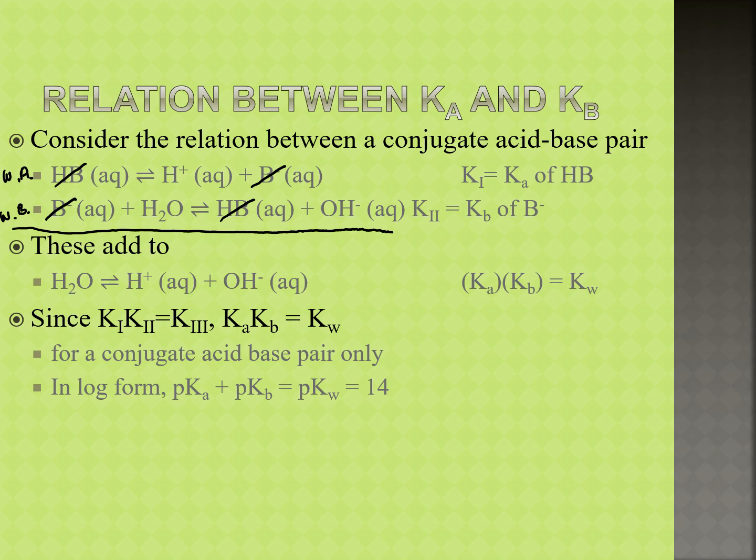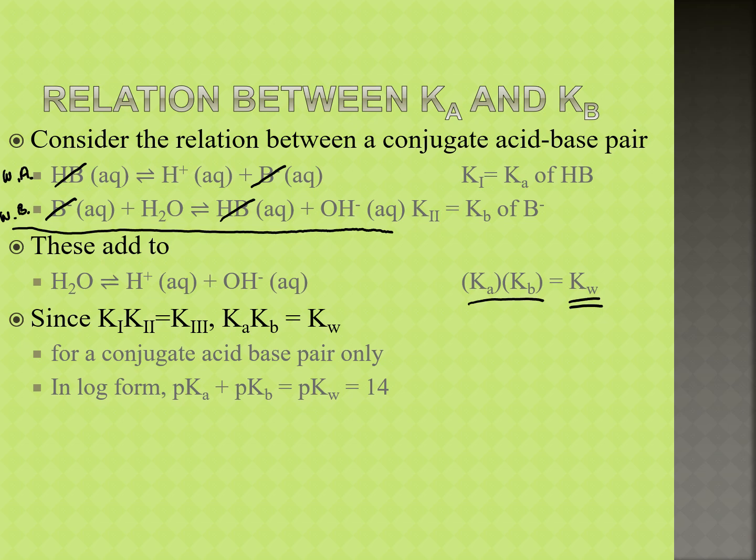Well, that happens to be Kw. And so remember, when we add reactions together, we take the product of their equilibria constants. And so the top equilibria constant was Ka. We're going to multiply that by Kb.